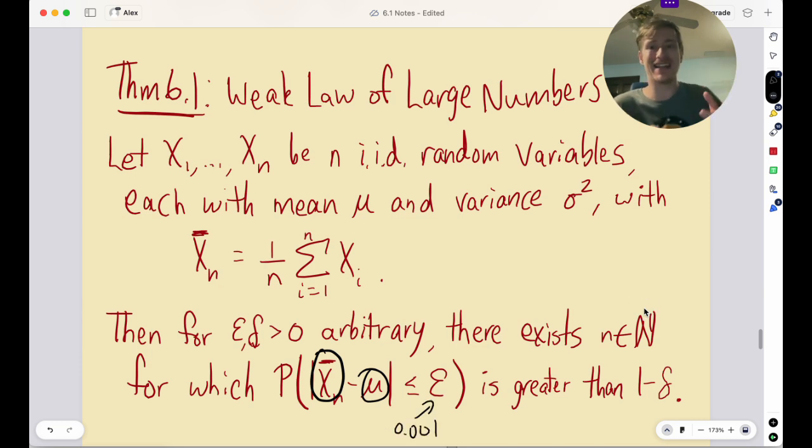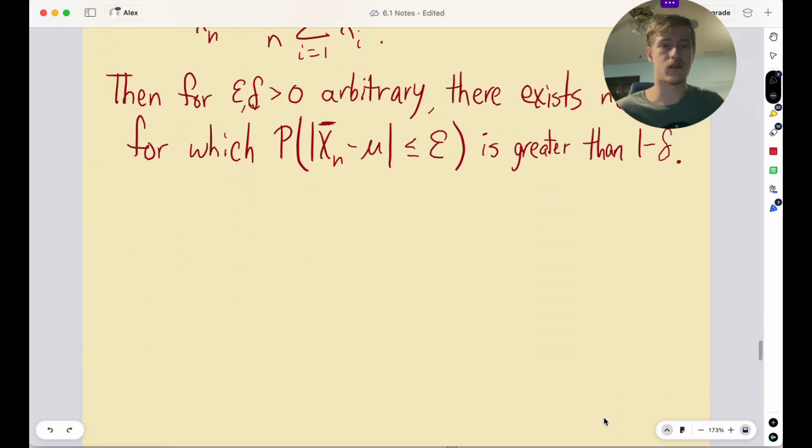And if you want that to happen with probability greater than, say, 0.999, well, then your delta is also going to be 0.001. So we have two variables that you get to pick, and we're going to show this to be true. All right, let's prove this.